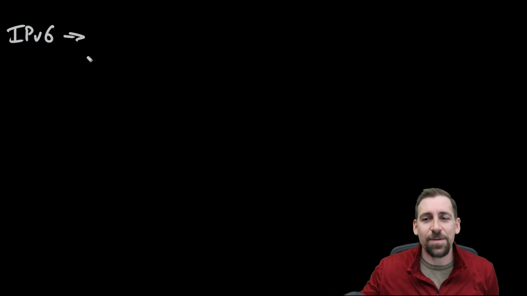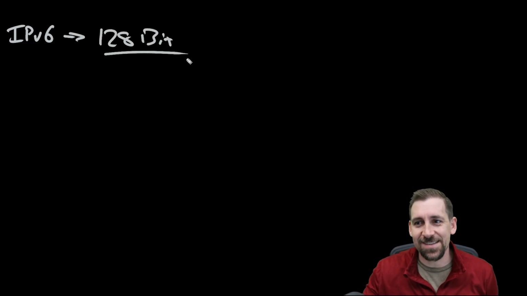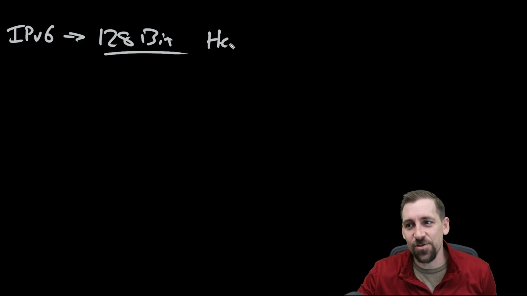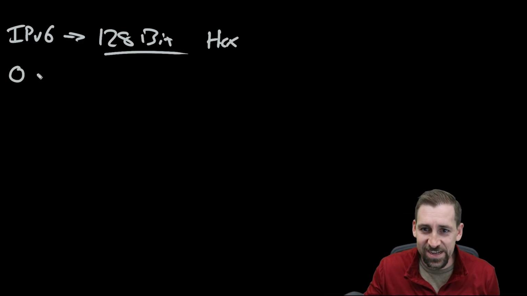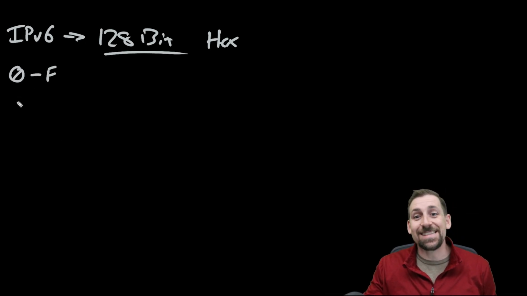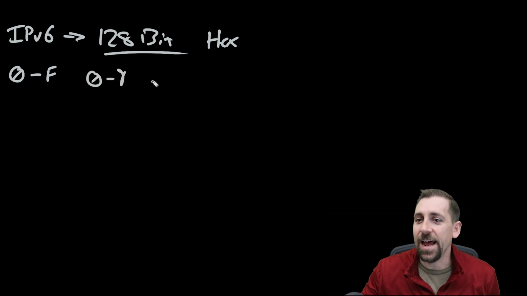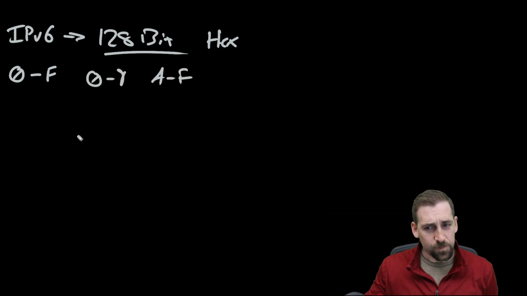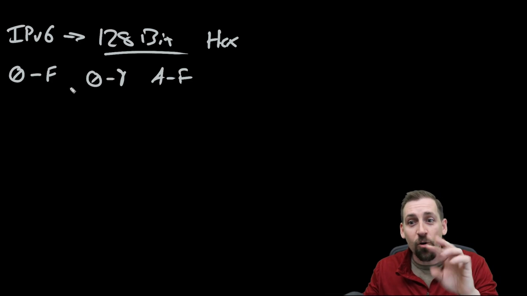IPv6. What is IPv6? It's a 128-bit addressing space using hexadecimal characters. What is hex? Hex is the character space represented between 0 and F. Why is it between 0 and F? Because that's 16 characters, 0 through 9 and A through F. As a result, we can use any of these 16 characters to represent 4 bits.